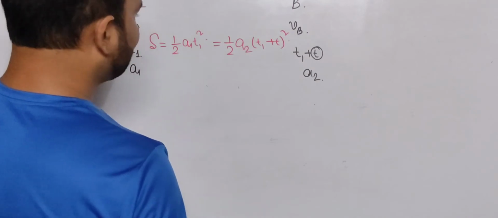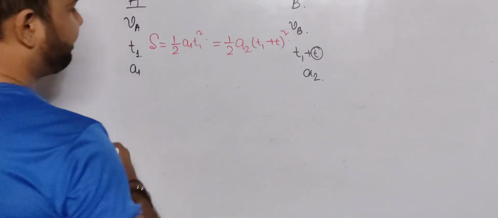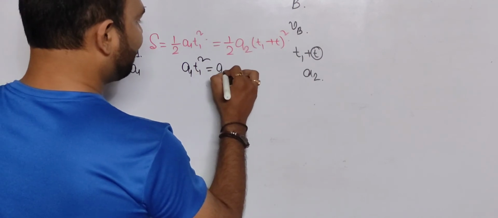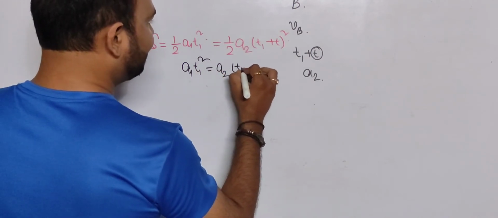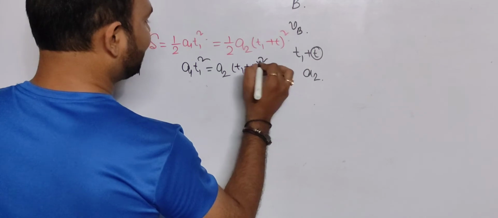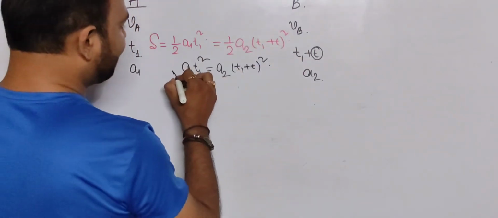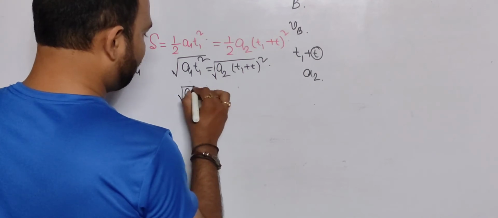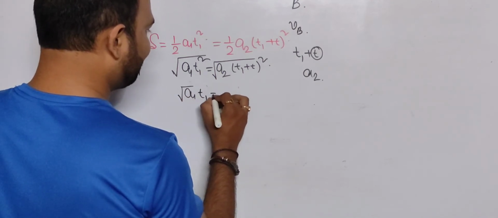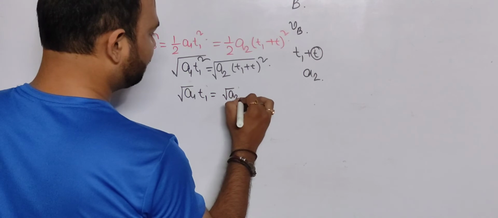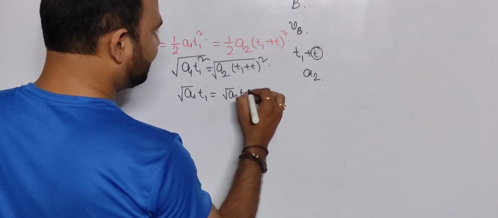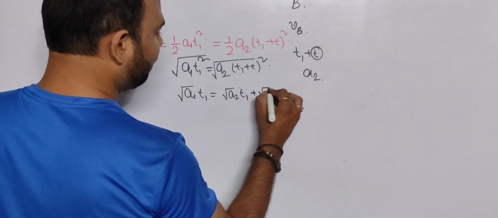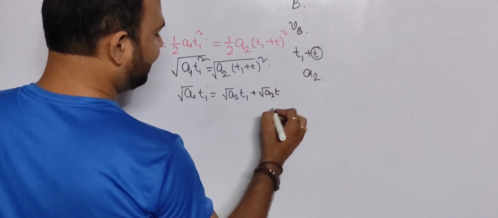The halves cancel out. a1 t1 square equals a2 (t1 plus t) whole square. If we take the square root of both sides, we get root a1 t1 equals root a2 t1 plus root a2 t.